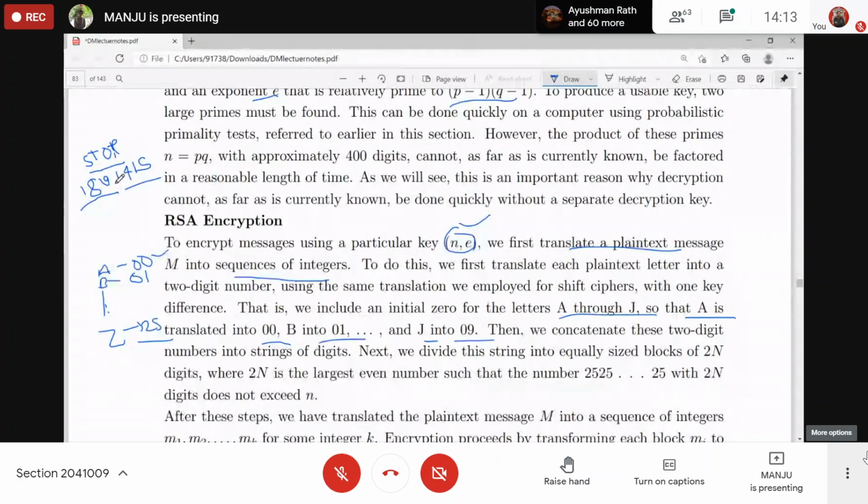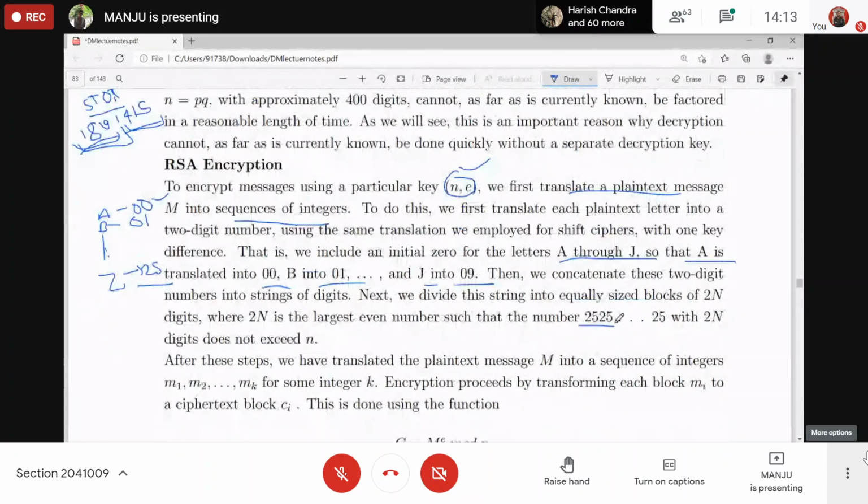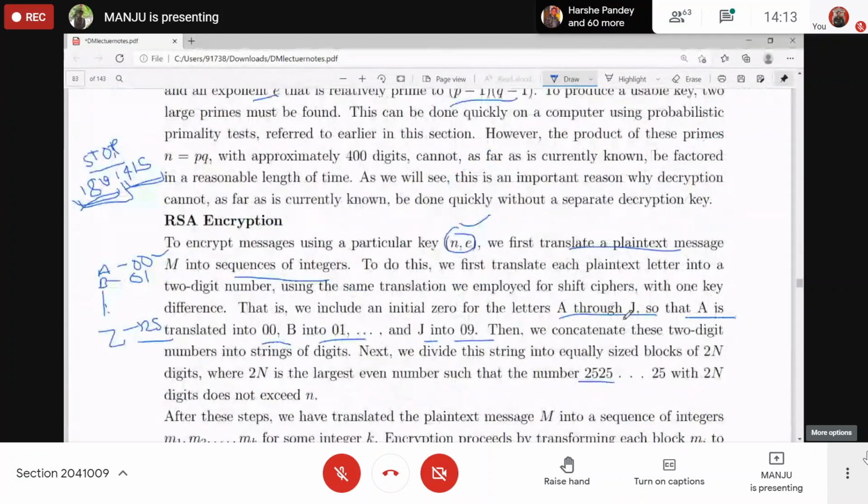Then we take blocks of four digits. For example, we take 18, 19 as one block and 14, 15 as another block. The total message M consists of two blocks, M1 and M2.